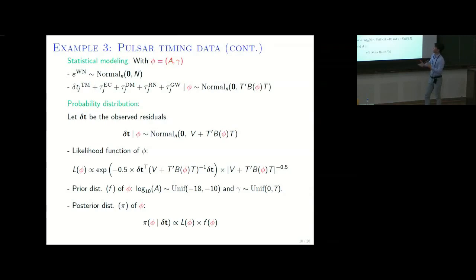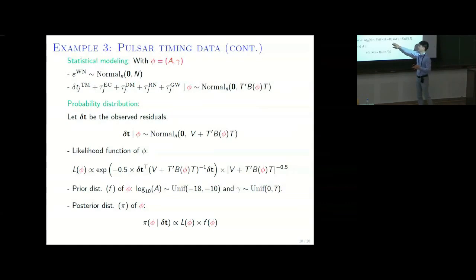He modeled this B matrix as a function of parameter phi, which is the amplitude of the spectral density function, and gamma, which is the exponent of the power law of frequency. Based on this model, we can write down the likelihood function.